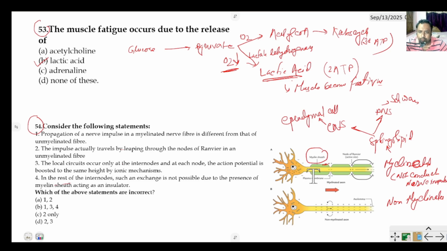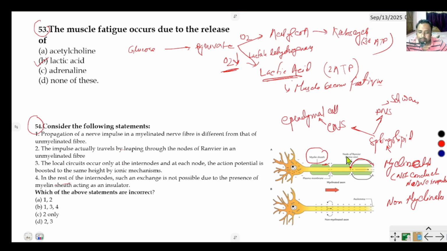Okay, when the myelin sheath is present, the nerve impulse transfers from one node of Ranvier to another node of Ranvier, not through the whole neurolemma.